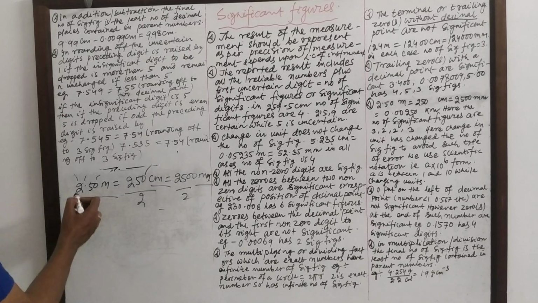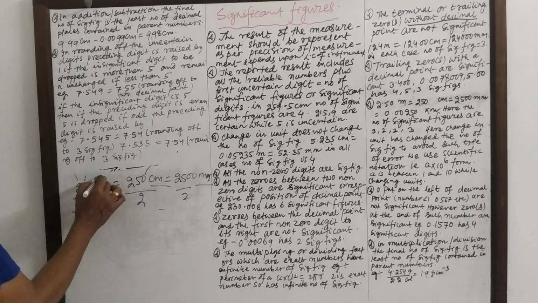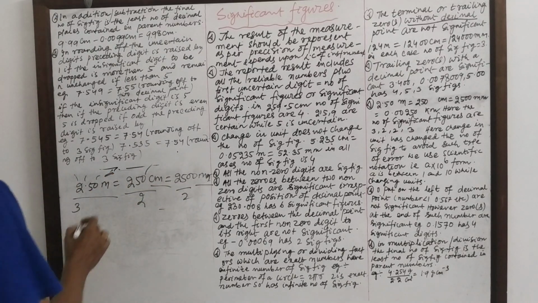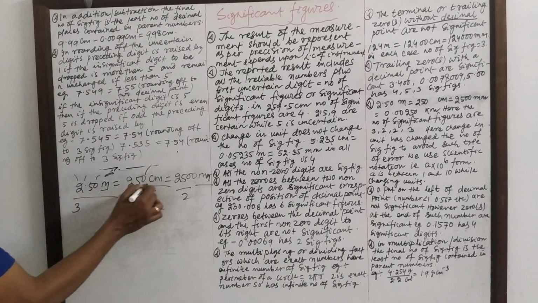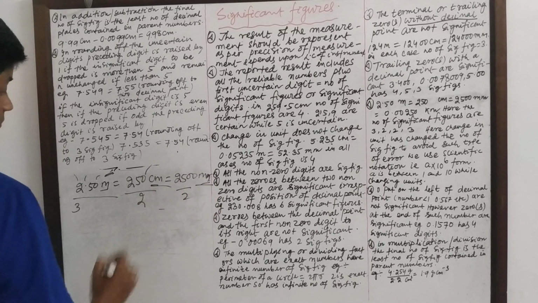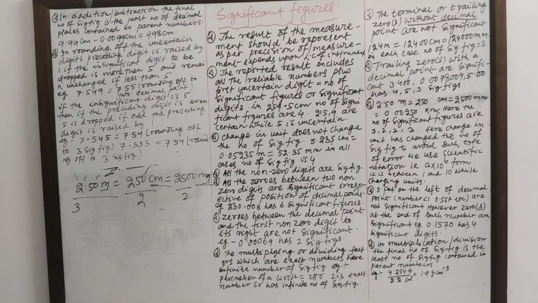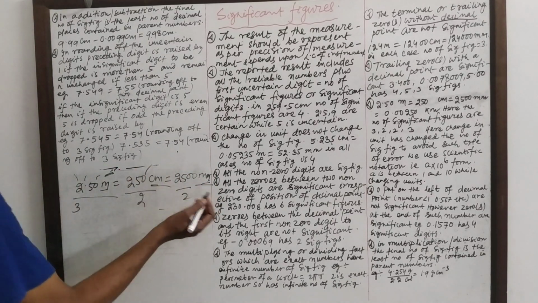If we convert the units from meter to cm and mm, then the number of significant figures changes.